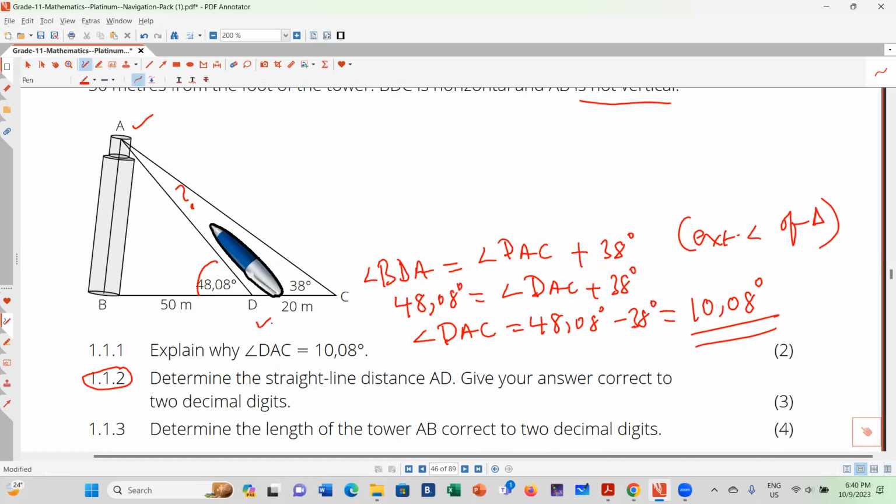Well, we want to find the distance from A to D. So preferably you need to have your calculator ready as well, so that you can do some of the calculations using your calculator.